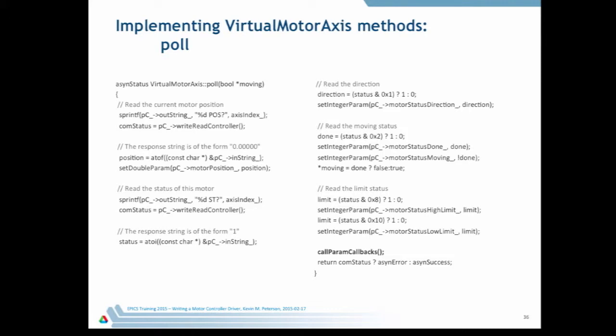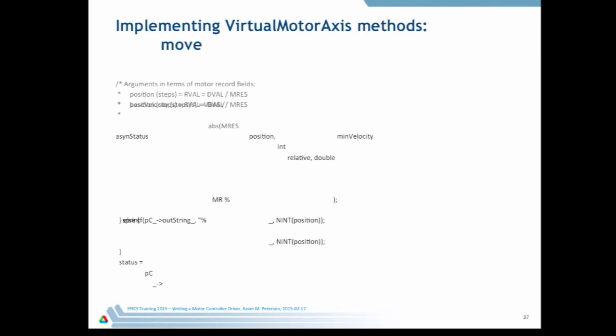I simulated when it was done by comparing the target position, and I had to set a window: if it was within this tolerance of your target position, it must be done. The beamline found that wasn't fast enough because you're at the mercy of the polling rate. So we implemented some stream support that set the position and didn't care about the response so that they could scan faster. At the end, you have to call param callbacks, otherwise the motor record doesn't know what's going on.